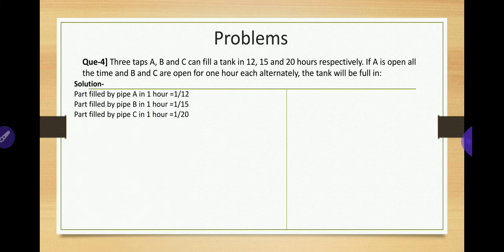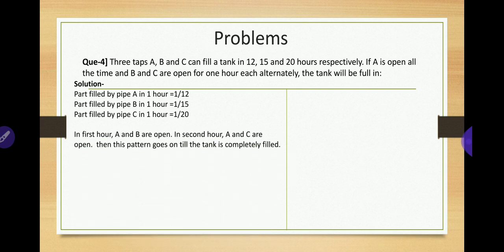We can find the capacity of each pipe to fill the tank in 1 hour: 1 upon 12, 1 upon 15 and 1 upon 20 respectively. We have just taken the reciprocal of each number of hours.